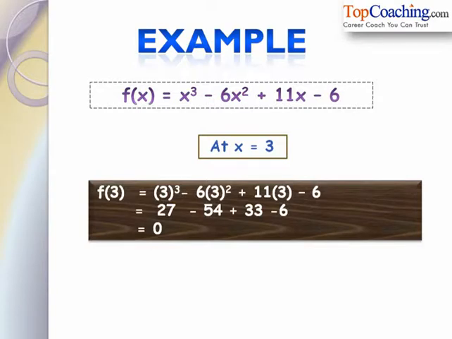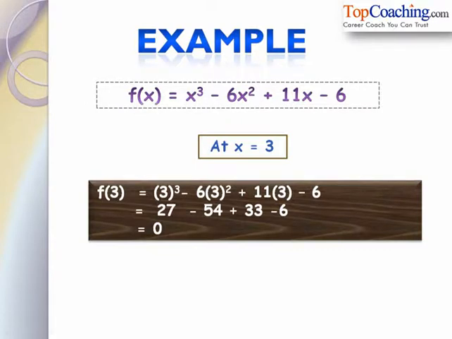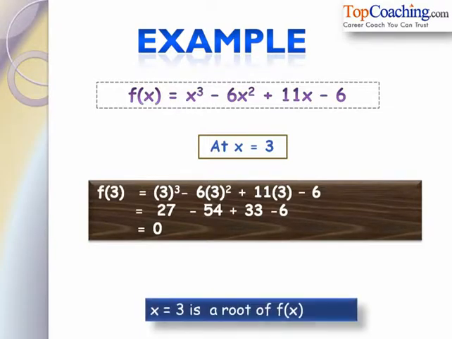When we add them all, what we get is f of 3 equal to 0. So when the input is x equal to 3, then the final output becomes equal to 0, and so x equal to 3 is a root of f(x). So x equal to 3 is a value of x which makes the polynomial f(x) equal to 0.